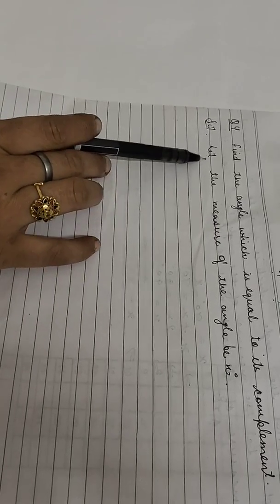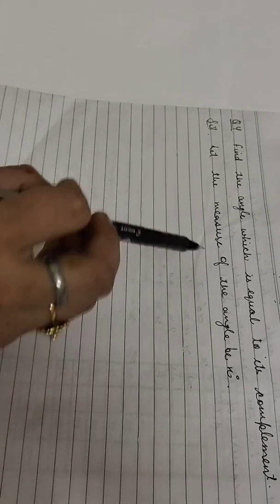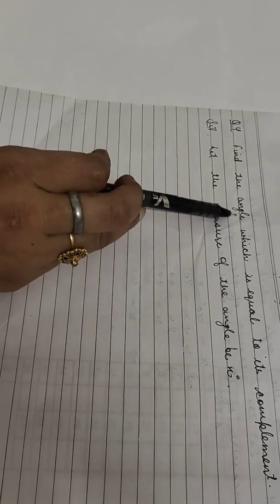First of all, we suppose the measure of the first angle may be x. So we write: let the measure of the angle be x degrees.